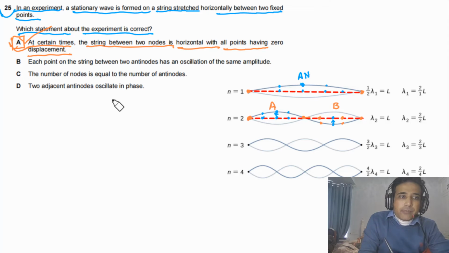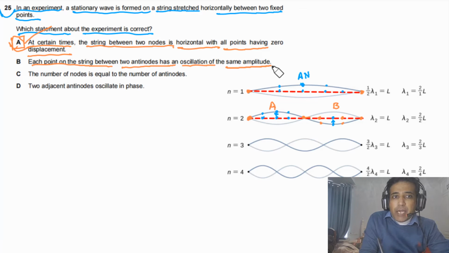This option is correct. Next: each point on the string between two antinodes has an oscillation with the same amplitude. No. Each point on the string between this antinode and this antinode has a different amplitude: this has maximum amplitude, this is smaller, and even lower.